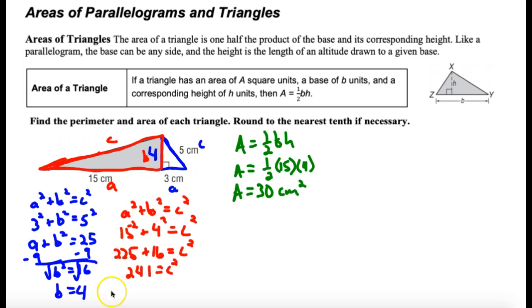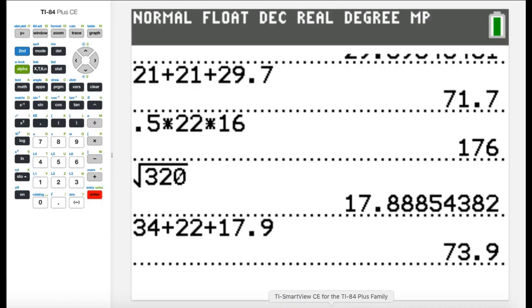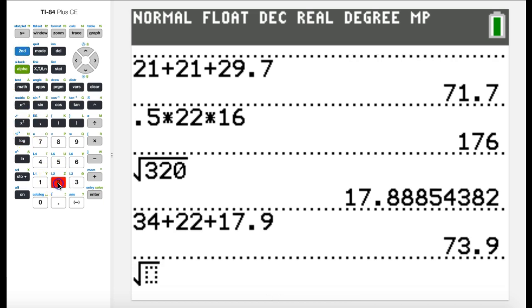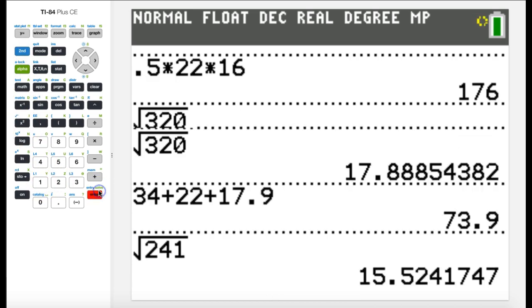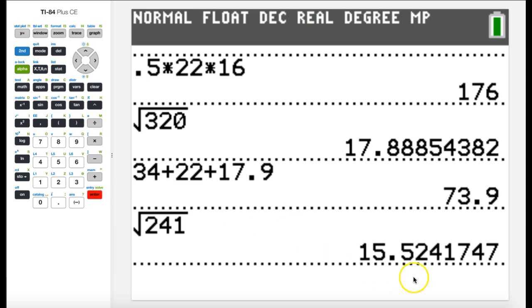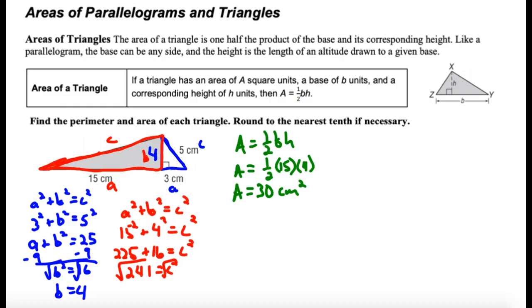And then, to get C by itself, we'll take the square root, and we need the calculator for that. So the square root of 241 gets me 15.5. So this missing piece is 15.5.